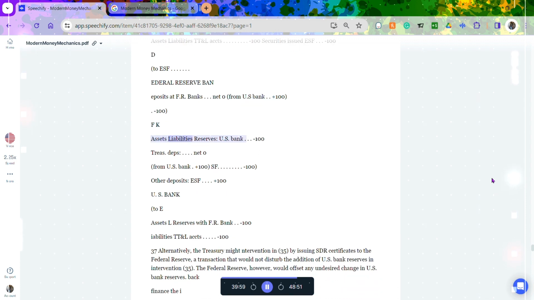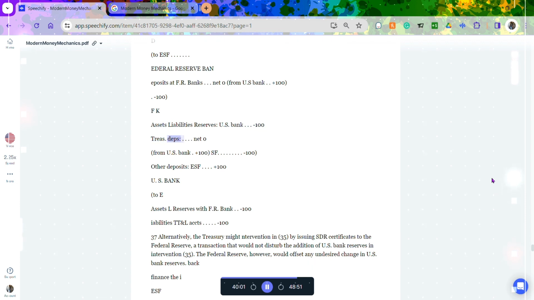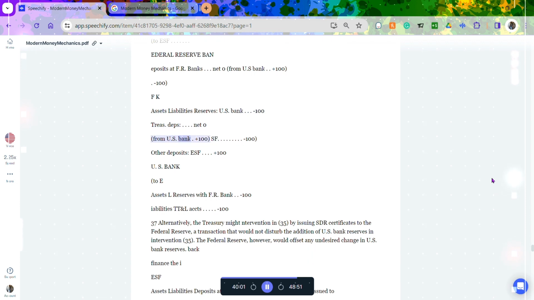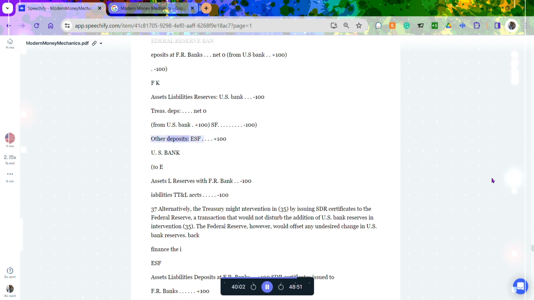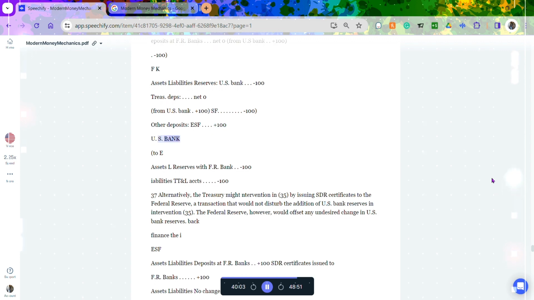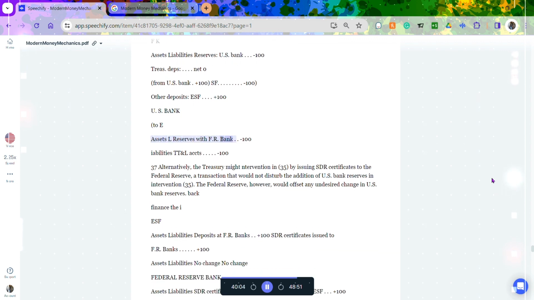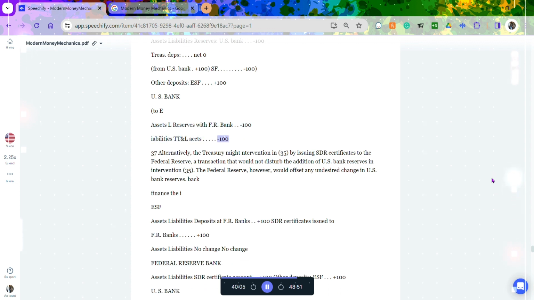Reserves, U.S. bank, minus 100. Treasury: net zero; from U.S. bank, plus 100; other deposits, ESF, plus 100. U.S. bank: reserves with FR bank, minus 100; liabilities, TT&L accounts, minus 100.